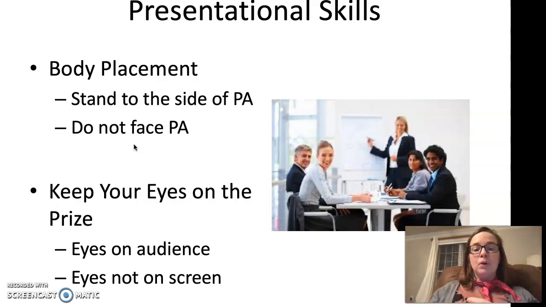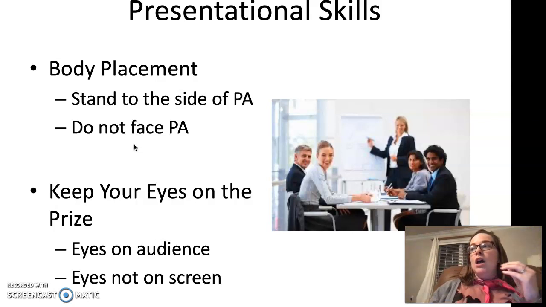The next thing to remember is that you need to keep your eyes on the prize. Your eyes should be focused on your audience, and they should not be focused on the screen, because you want that connection to still be with your audience, between the speaker and the audience. Because we've talked about this repeatedly, and I want to hit this home again. We take a conversational perspective or orientation to public speaking.